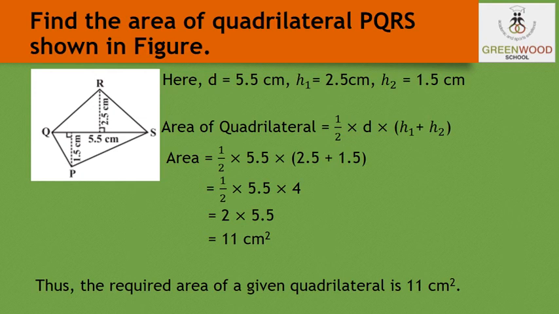Substitute the values of D, H1 and H2. That will give half into 5.5 into (2.5 plus 1.5). On adding 2.5 plus 1.5, we get 4. On solving this, we get the area of quadrilateral is equal to 11 centimeter square. Thus, the required area of the given quadrilateral is 11 centimeter square.